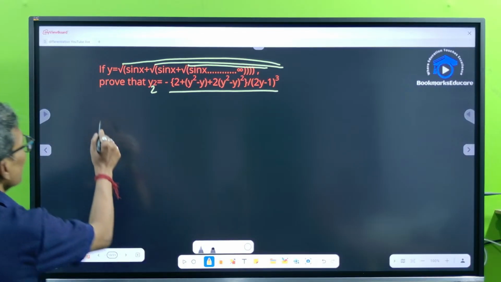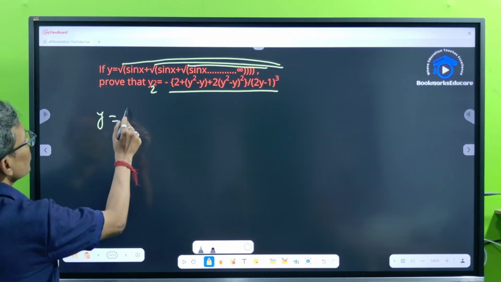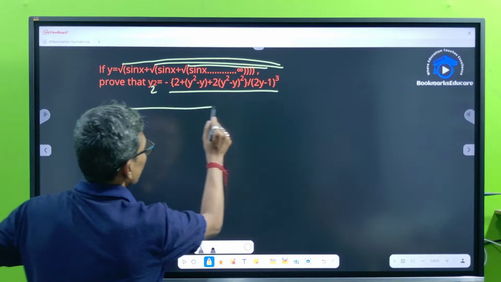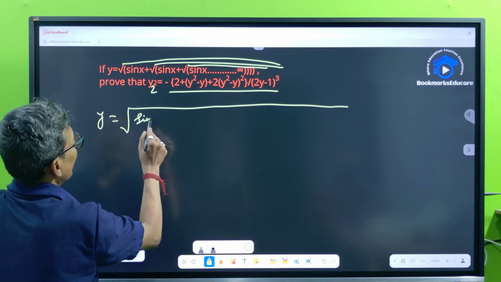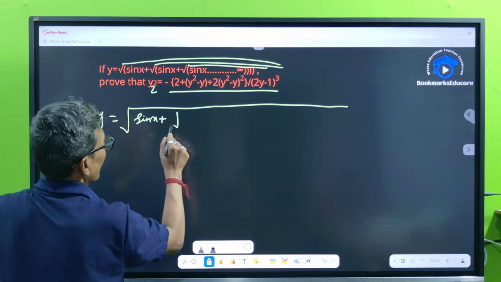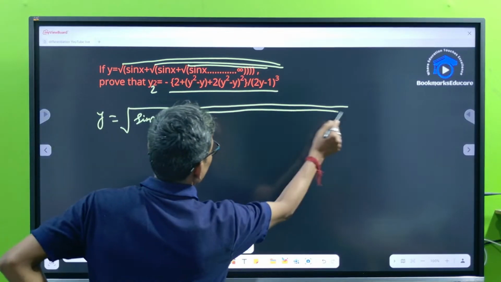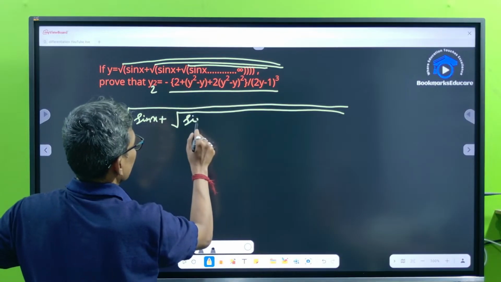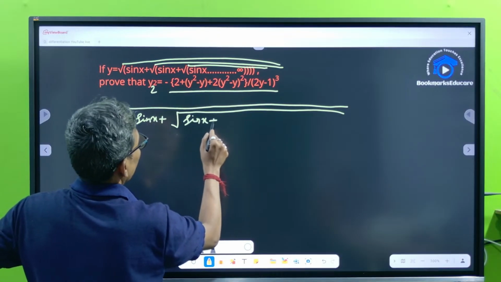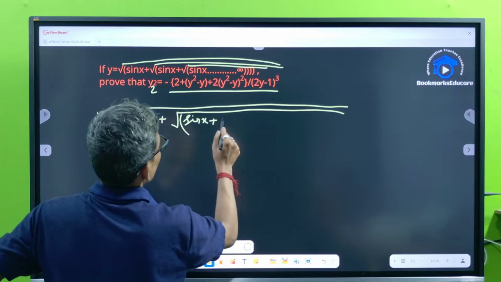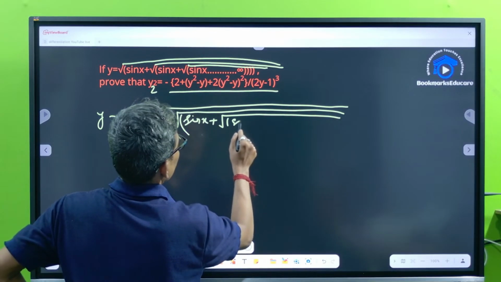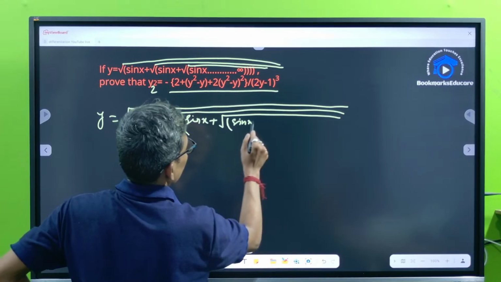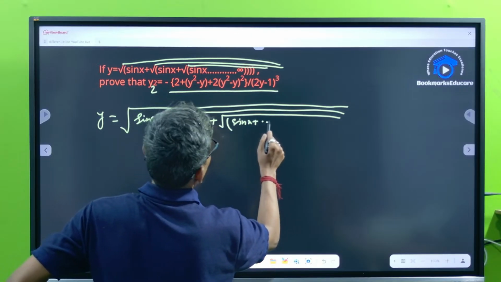So first of all, y is equal to root over of sin x plus root over of sin x plus root over of sin x, and it's going on.